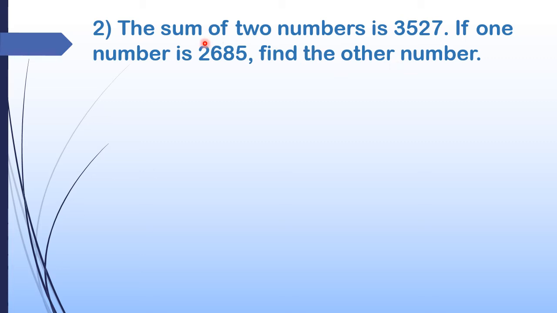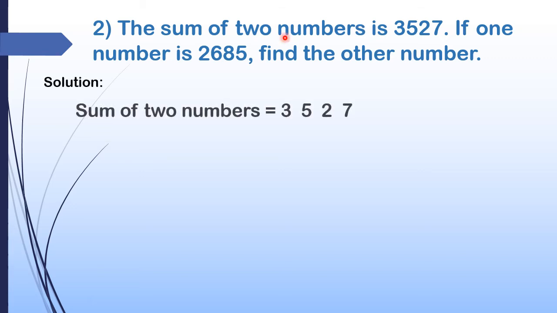Here they have given the sum of two numbers and also one number. So one number is 2685. Now we have to find out the other number. So we can subtract the given number from the sum, from the total.